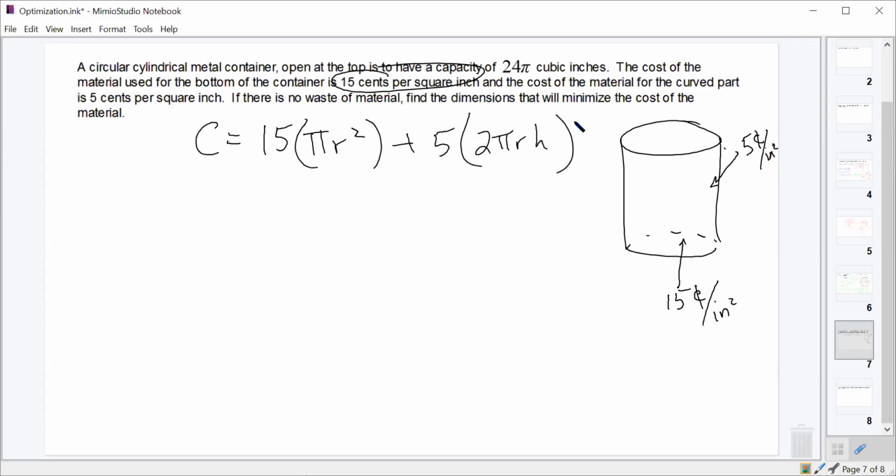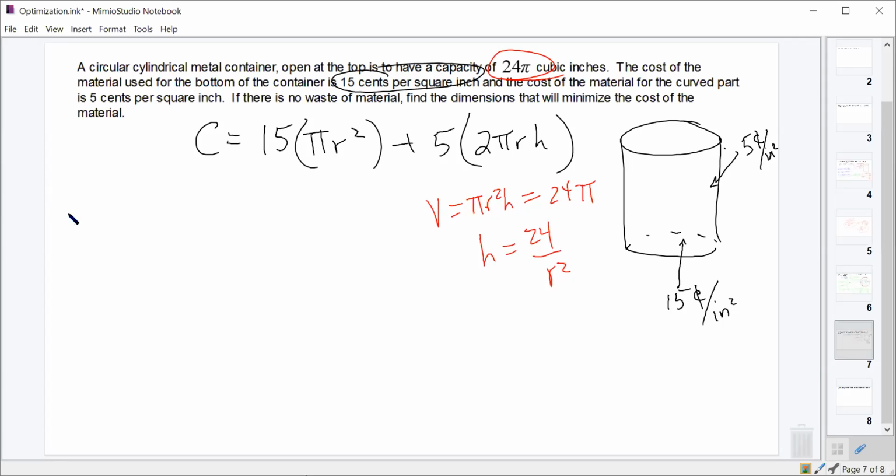And the problem that we have here is r and h once again. So we're going to use the other information given to us that the volume has to be pi r squared h has to be 24 pi, which tells us that h is equal to 24 over r squared if the pi's cancel out.